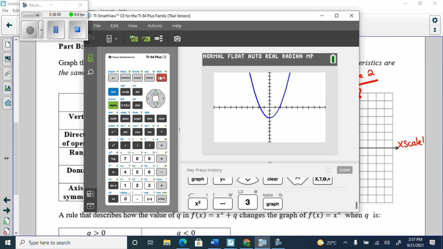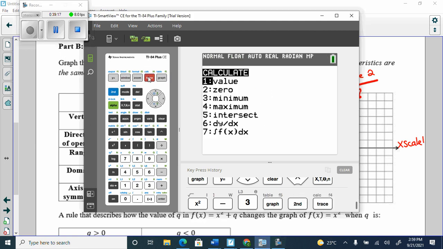Once you find the vertex, you're going to take some points above the vertex off your table of values, some points below the vertex off your table of values, and sketch it. We're working on sketching right now, because unless you can sketch the graph, you can't answer any questions. So we're learning our graph. We're learning our calculator. I'm going to go second, trace, minimum.